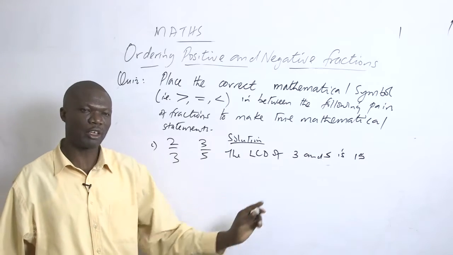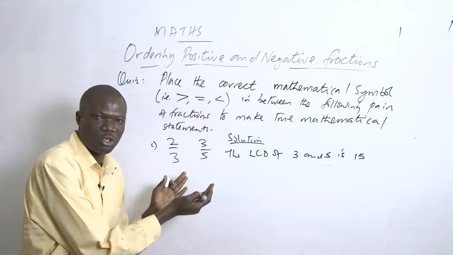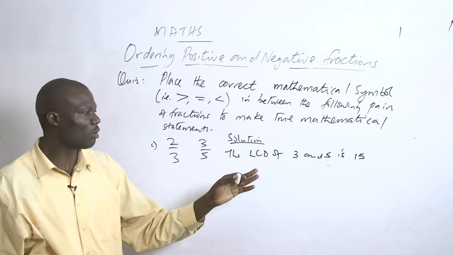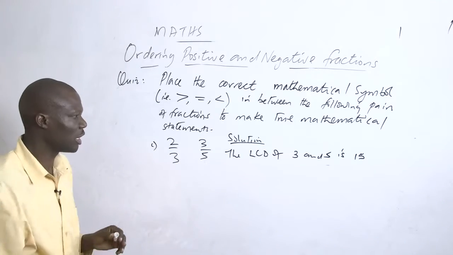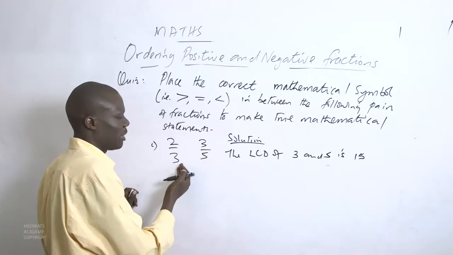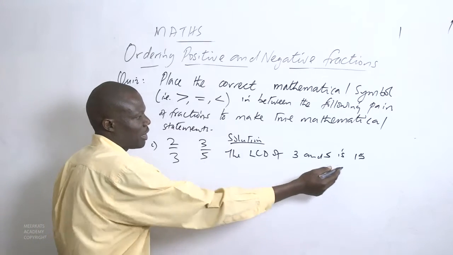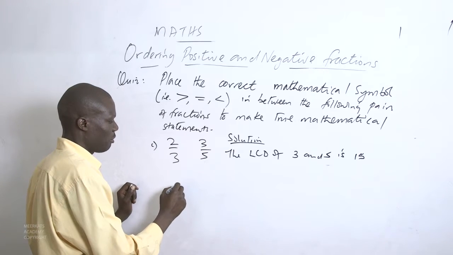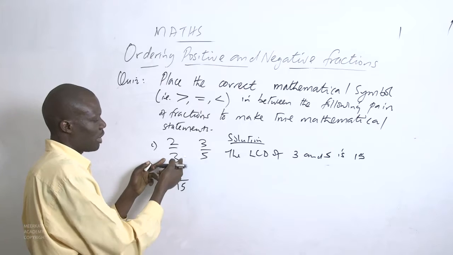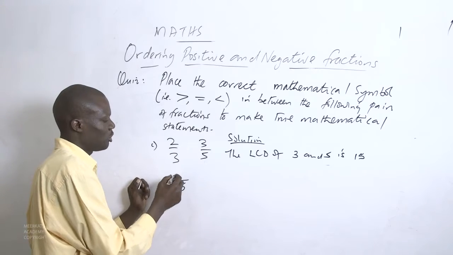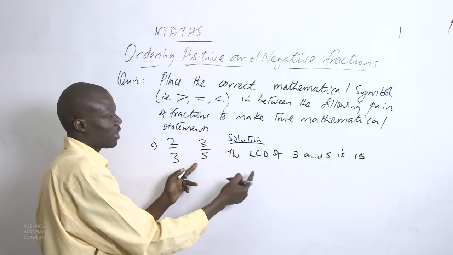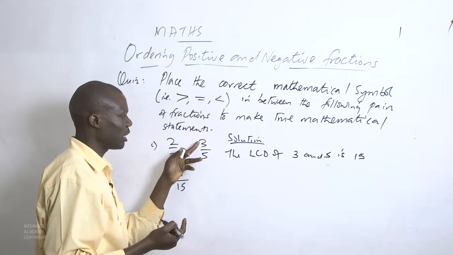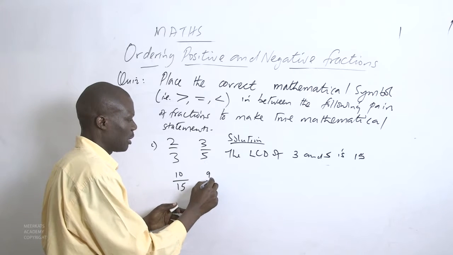So from the 15 that we have, I want us to produce equivalent fractions of the 2 here. 15 divided by 3 is 5, 5 times 2 is 10, while the second one is 15 divided by 5 is 3, 3 times 3 is 9.